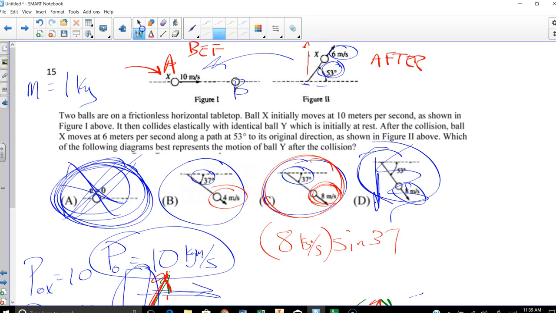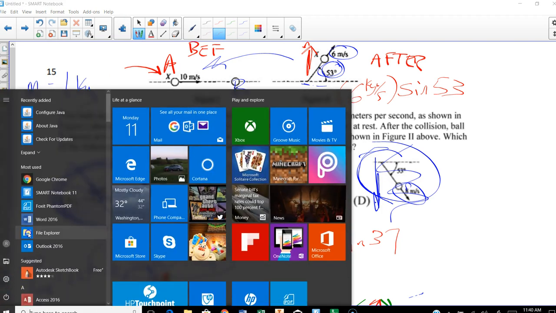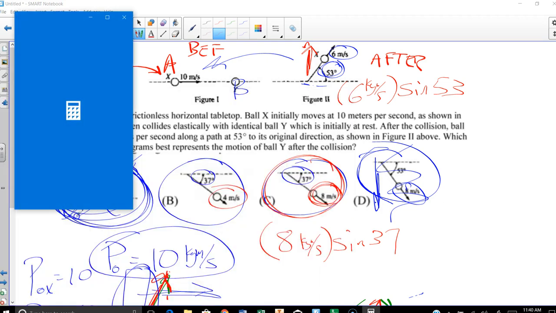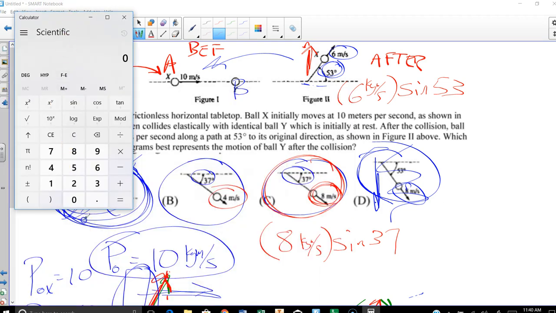What would the y component of this one be? 6 kilogram meters per second times the sine of 53. If you punch those both out on a calculator, they should come out to be roughly the same. But in this case, you shouldn't have to go to the calculator to get it. 6 times sine 53 equals about 4.8.